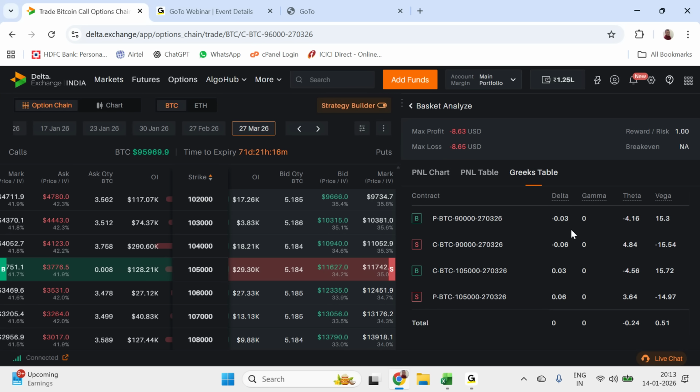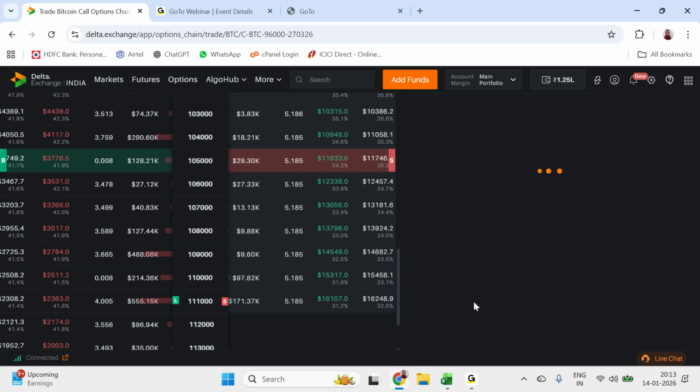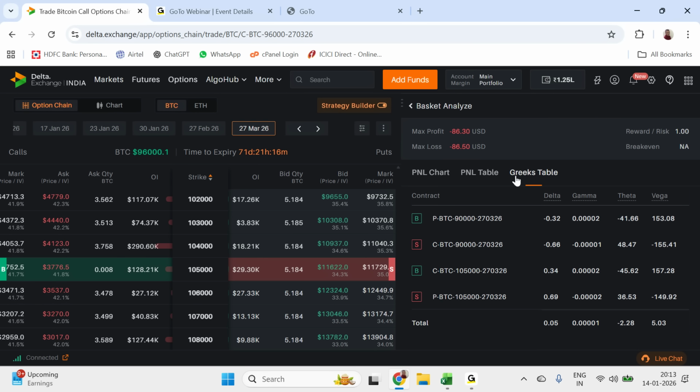Whether you go 100 or 1000 lots, everything is the same. If you go for 1000 lots, that is 1 BTC, 10 times. What happens here? 86 plus or 86 minus, Greek 0.05. Here theta is also minus 2, vega 5, but it is meaningless for us.